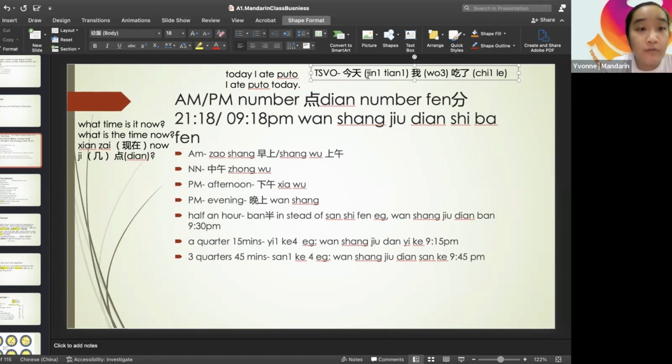The last one is the object. What do I eat? Puto. I don't know what the Chinese equivalent is, so let's just say puto. So we already know how to say the first sentence structure: 今天我吃了 puto. Now the second sentence structure, STVO.